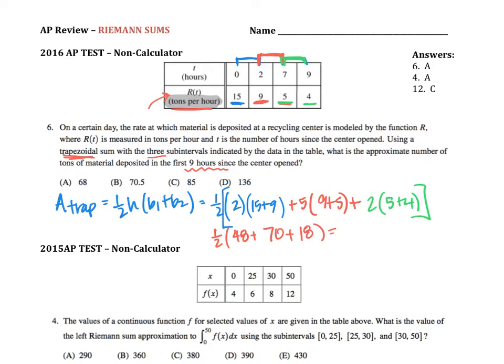When we add that all together and take half of it, we get 68. So again, that is the number of, what are we talking about again? Number of tons of recycled items that are being deposited during the first 9 hours that the center is opened.